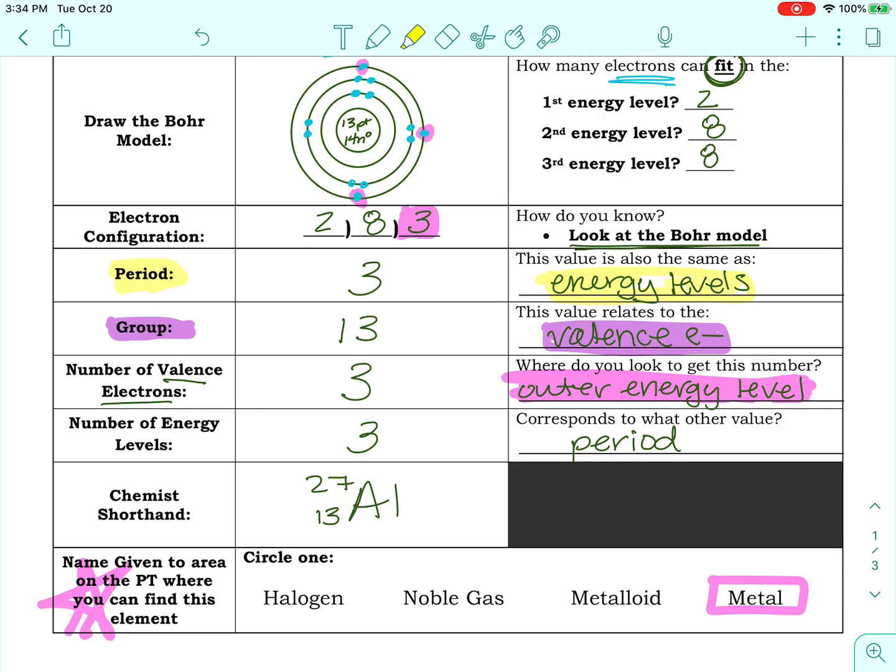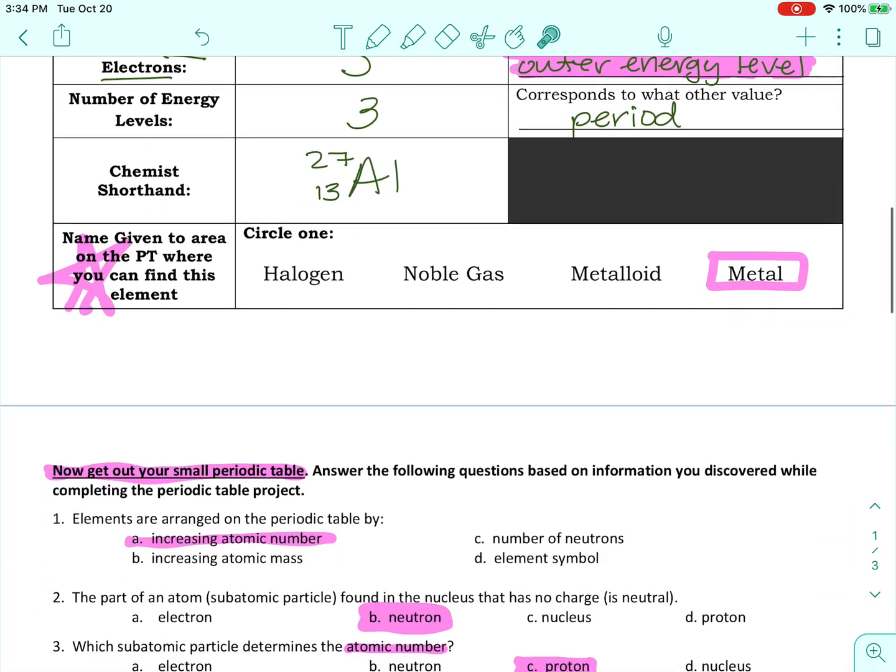So however many energy levels it has tells us the period. So if elements are in the same period, then they have the same number of energy levels. In groups, we said go with the valence electrons. So if elements are in the same group, they're going to have the same number of valence electrons.